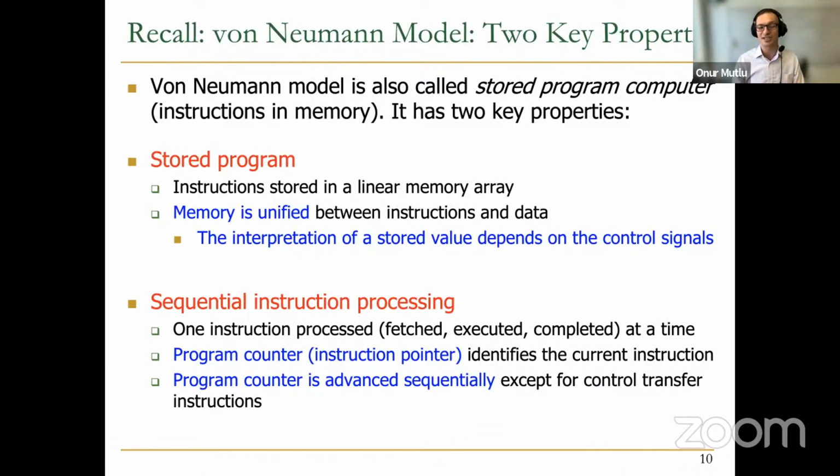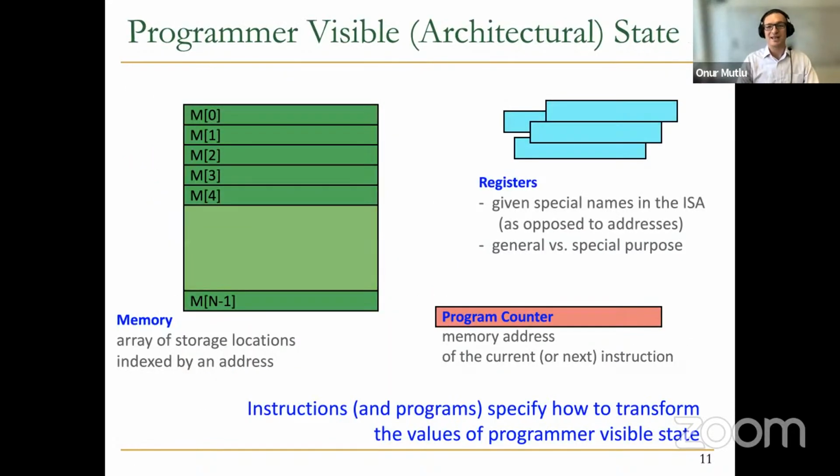These have been extremely successful in enabling a vast majority of people in the world to program relatively complicated general purpose machines, because these are very easy to reason about from a programmer's perspective. We also covered the notion of programmer visible or architectural state, with 3 major things that are part of it.